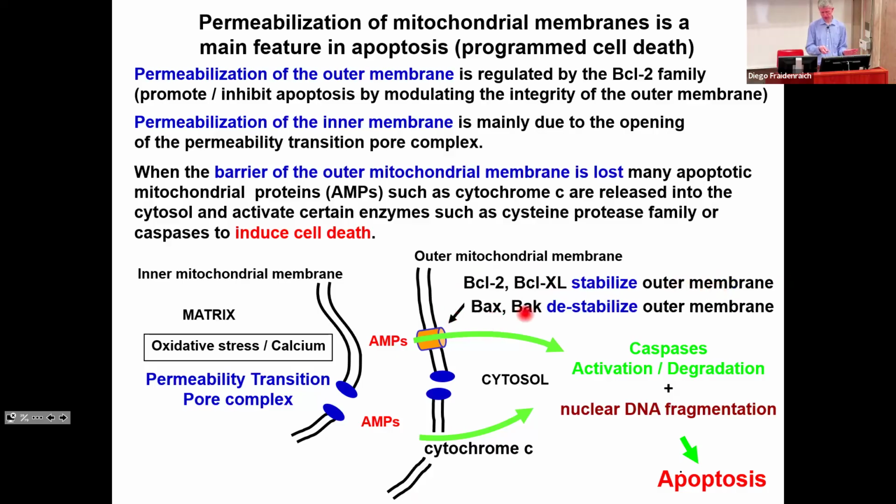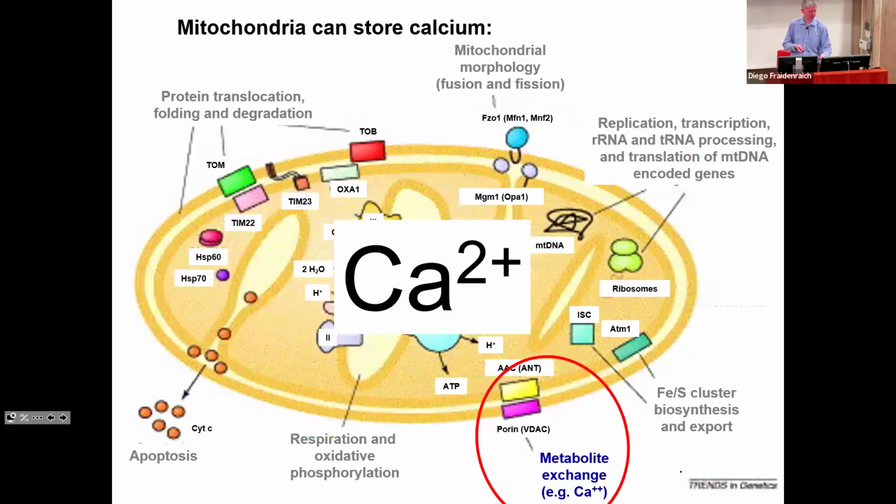These are well-studied, well-established proteins, so a lot is known about this. I think you will maybe hear about this from Patricio. He may go into more detail on this.